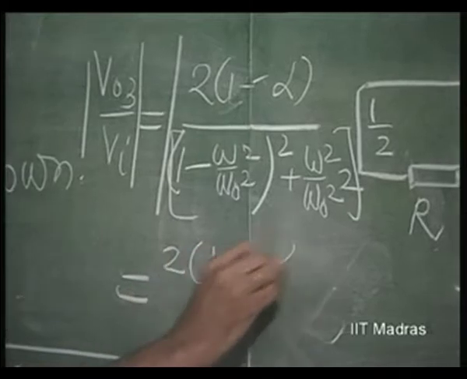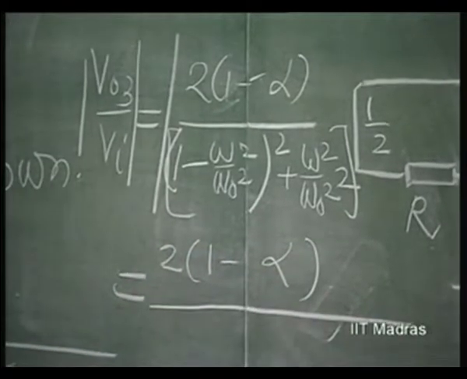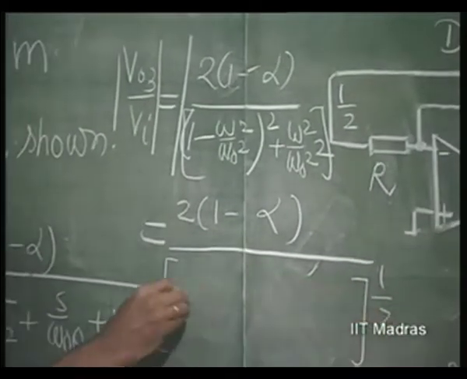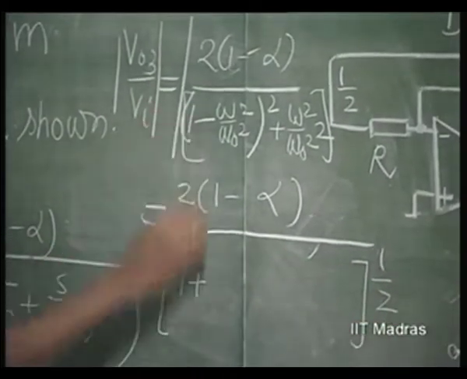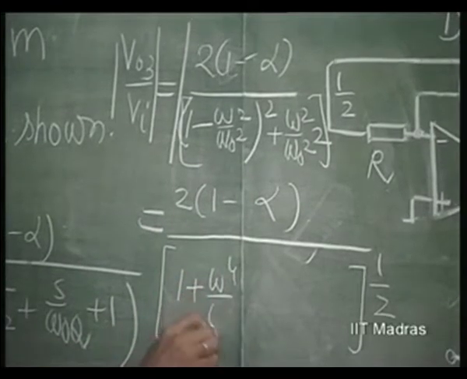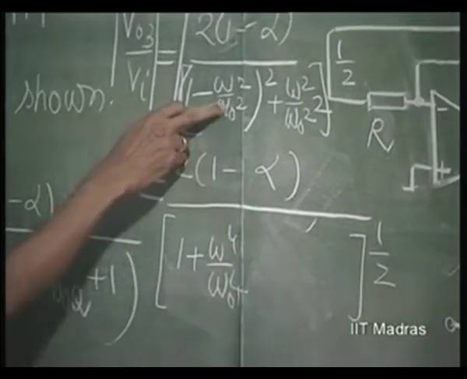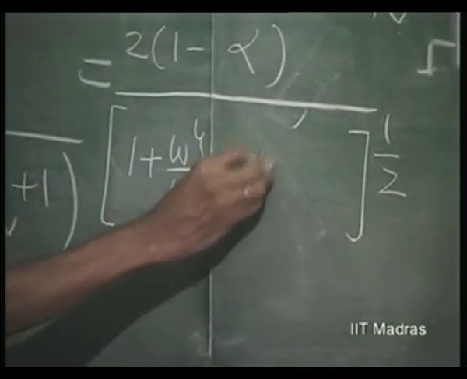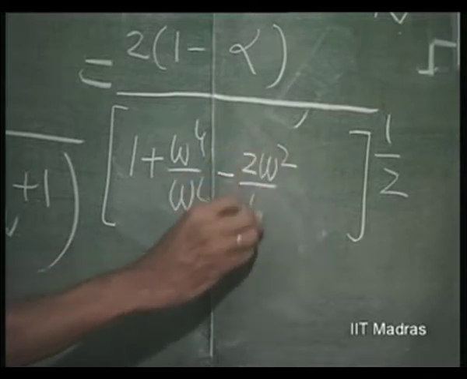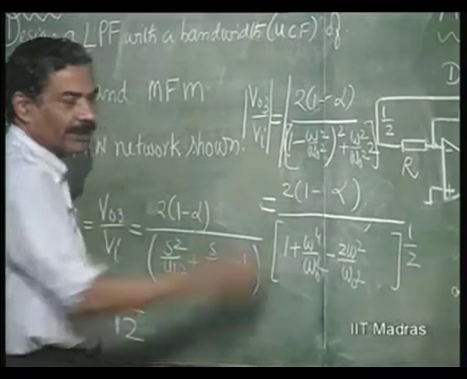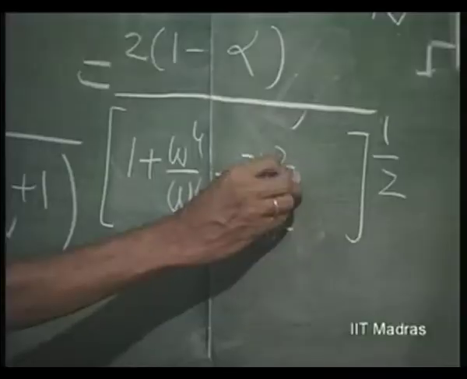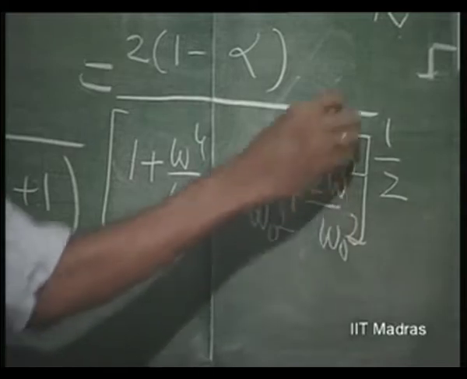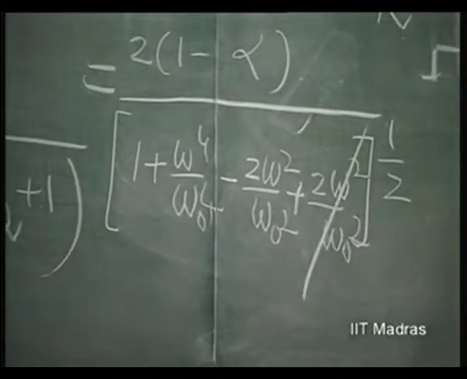So, 2 into 1 minus alpha divided by, to the power half, 1 plus omega to the power 4 by omega naught to the power 4, this square, minus, look at this, 2 omega squared by omega naught squared, this is square of that, plus 2 omega squared by omega naught squared. This cancels exactly this.